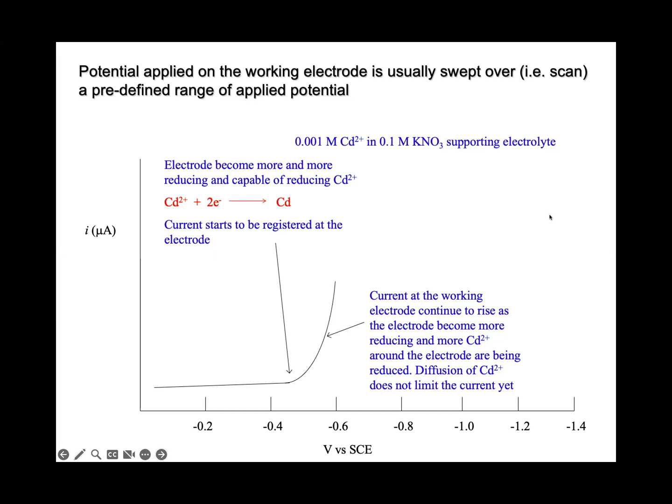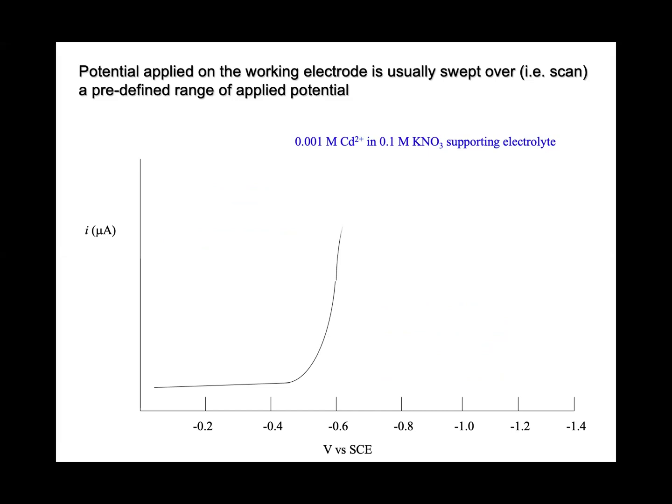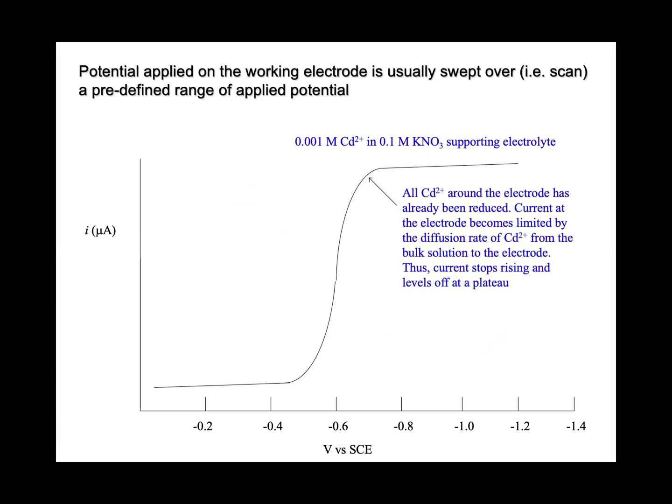Once the reduction happens, the current starts to build up until it achieves saturation, meaning that the original species is finished. All has been converted to cadmium elemental.